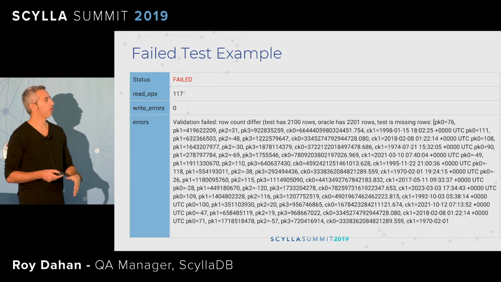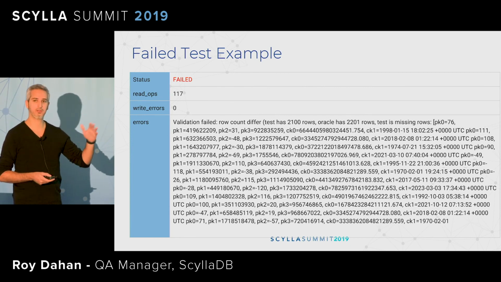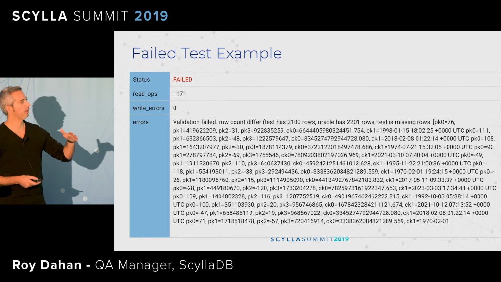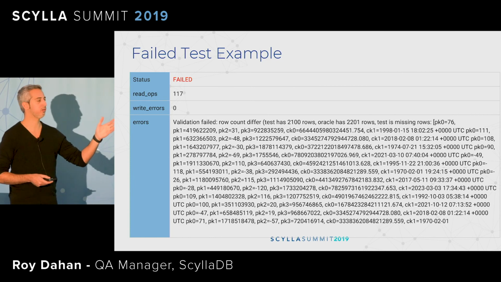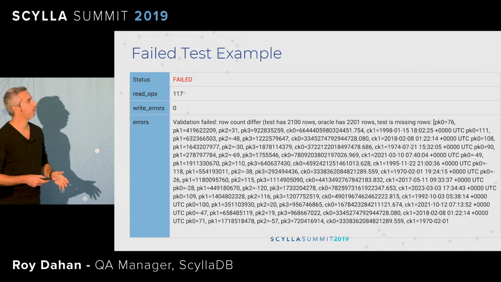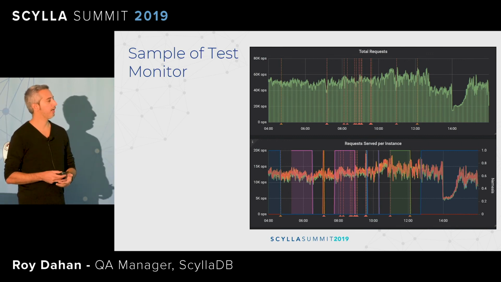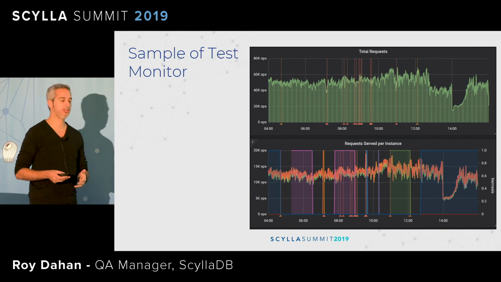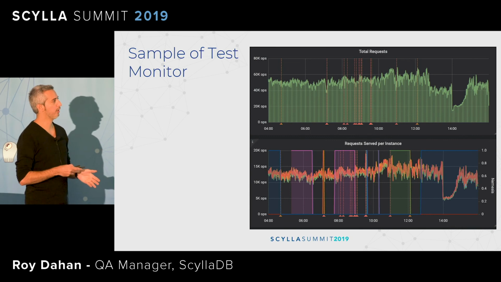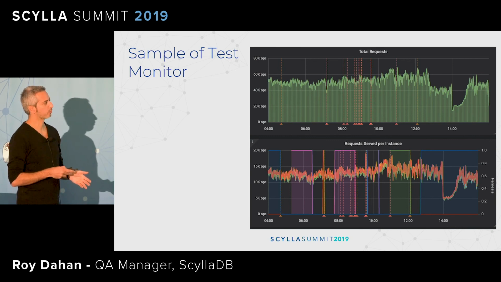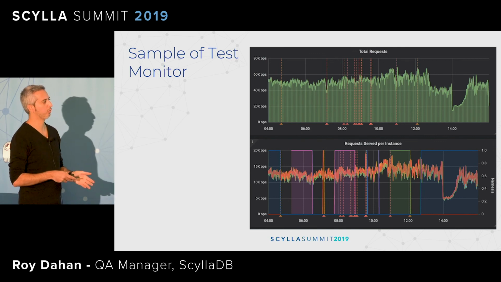Here is another sample, of a failed test. We can see that Gemini found a difference between the test Oracle and the system under test. Then we go and try to analyze what happened, what the difference is, and which rows are missing. We can also use our monitoring system, to which we added a way to annotate critical events during the test and to correlate them to the Nemesis that we're running.